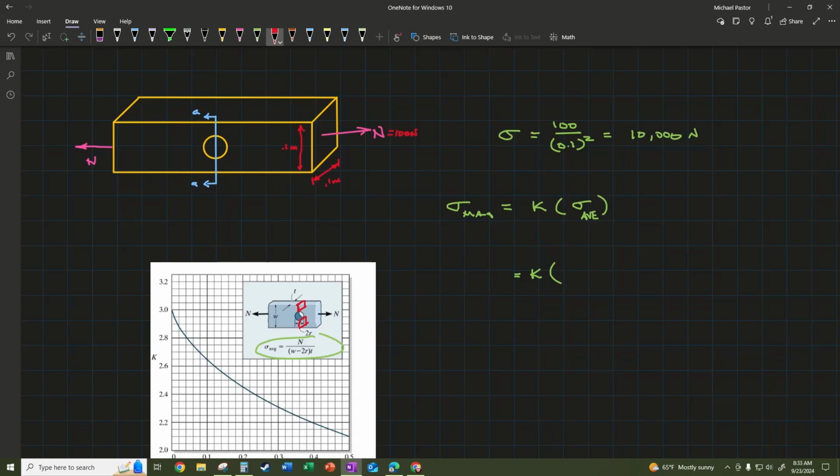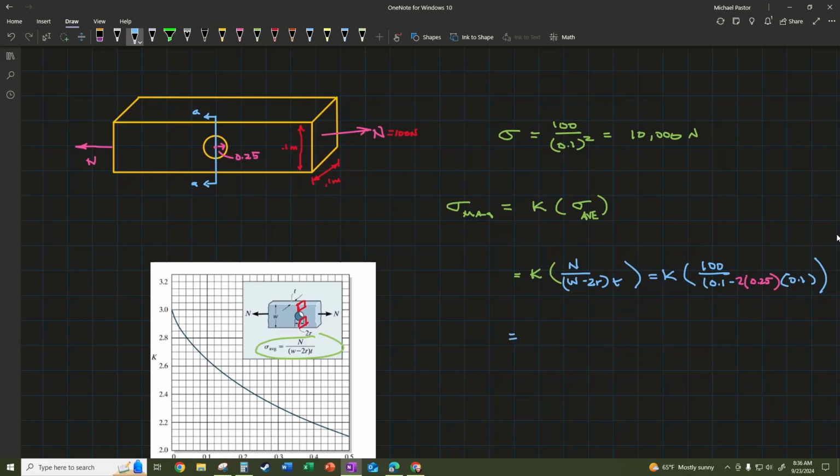So we're talking the N divided by the height of W minus twice the radius, so the diameter of the hole, and multiplying that by the thickness. And let's say our hole is 0.25 meters in radius. So we end up with this relationship then.